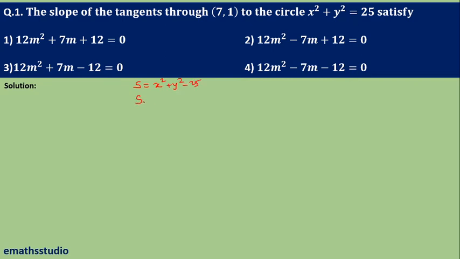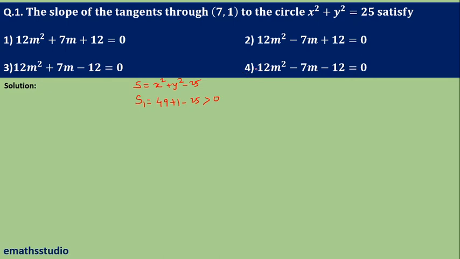Then you can determine S1, that is, put the point 7 and 1 here. So 49 plus 1 minus 25. This is greater than 0. That means the point is outside the circle.